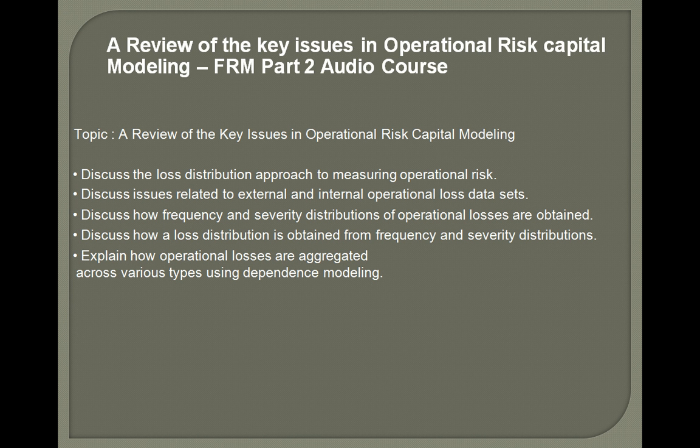Then the external data sources may require scaling due to biases. Such biases include scale bias, caused by the possibility that large firms would have the largest losses, or truncation bias, caused by the fact that banks do not collect data below a threshold. So you have to modify the data accordingly and remove this bias. Studies have suggested that scale bias and truncation bias are not a concern.